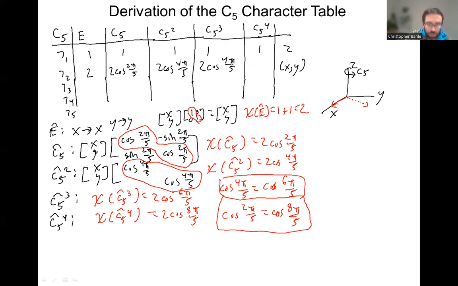In another video on a different point group, I think C5V, I went into square roots of 5, and I think that just made it a little more hectic. But anyway, so we have 2 cosine 8 pi over 5, but we said cosine 8 pi over 5 equals cosine 2 pi over 5. So this character here is 2 cosine 2 pi over 5.